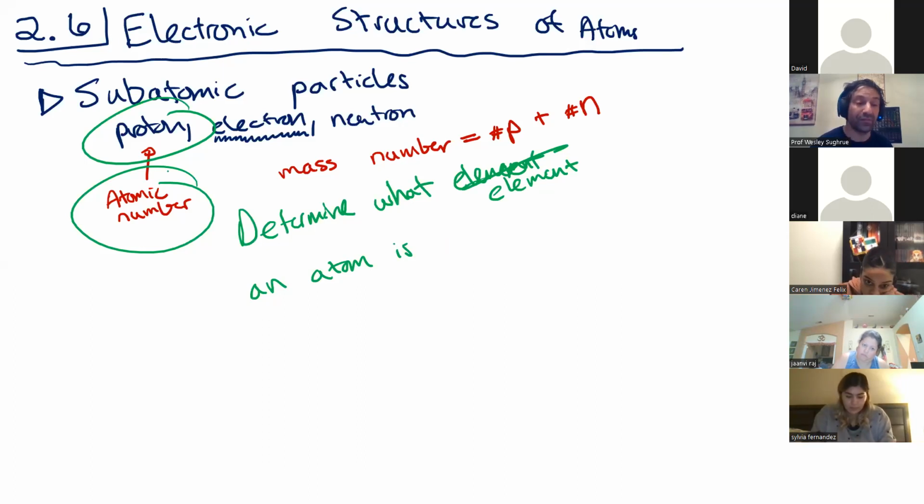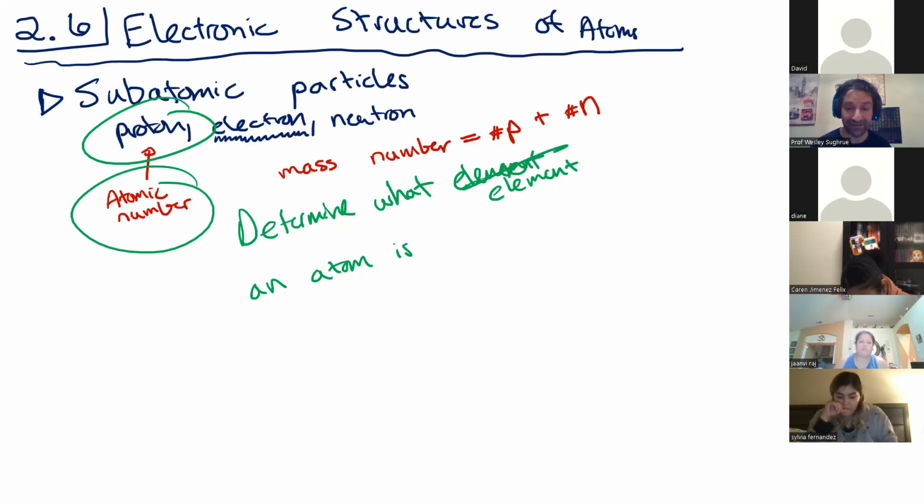The atomic number, and by extension the number of protons in the nucleus of an atom, determines what the atom actually is. The identity of the atom, which is its element, is determined specifically by the number of protons in the nucleus. It has nothing to do with the number of neutrons in that nucleus, and absolutely nothing to do with the number of electrons surrounding it. The identity of an element comes purely from the number of protons in the nucleus.